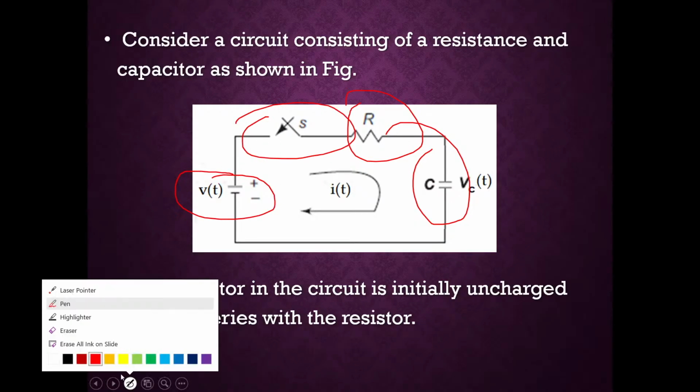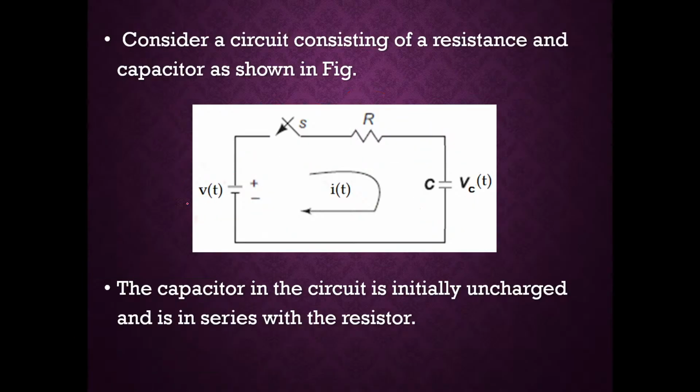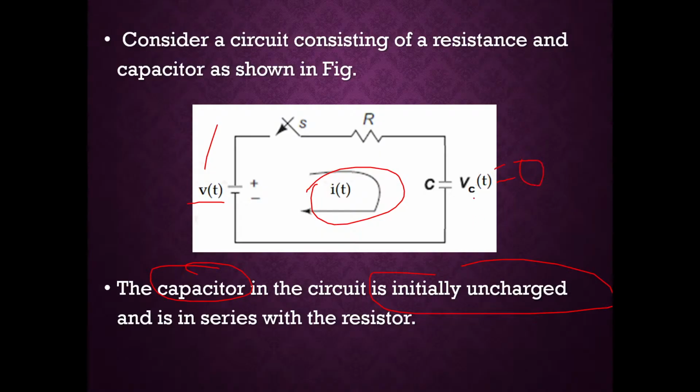Because of this DC voltage source V of t, which is the excitation, the response in the circuit is I of t. Initially the capacitor is uncharged. So the voltage across the capacitor as soon as the switch closes is 0. That is Vc of t is 0.